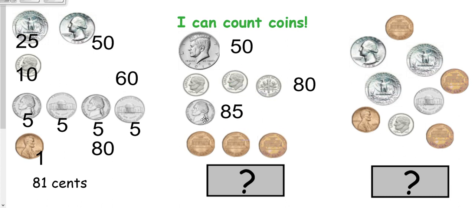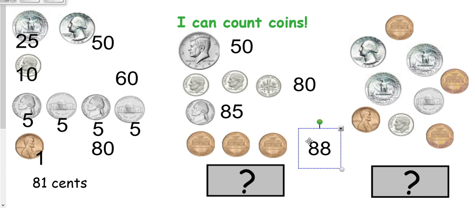I'm not counting by fives anymore. Now I'm going to count by ones. These are pennies, so we count them by ones. Count with me. 85, 86, 87, 88. I think we have 88 cents here.